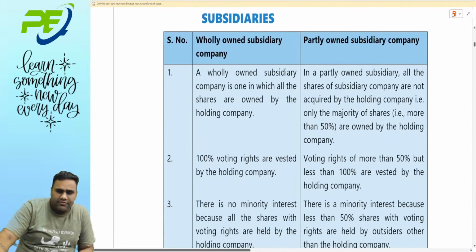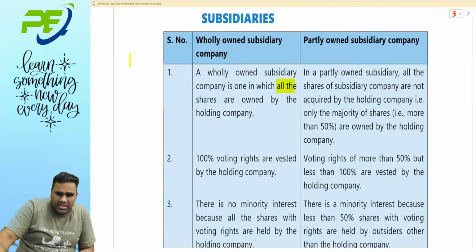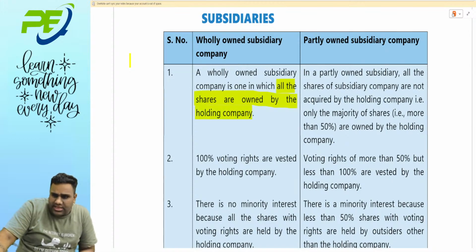Now we will see the difference between wholly owned and partly owned. Wholly owned subsidiary is one in which all the shares are owned by the holding company. And here, all the shares are not acquired by the holding company.